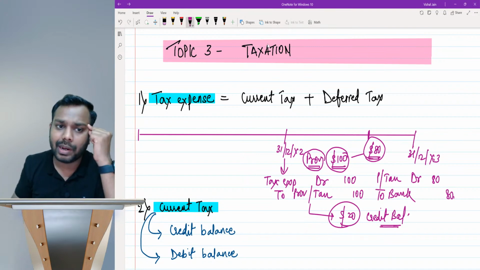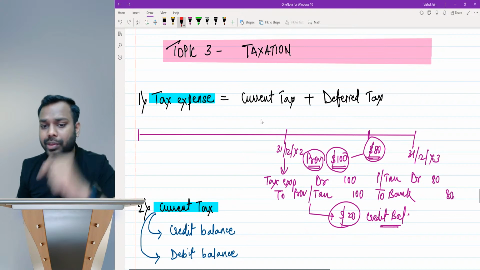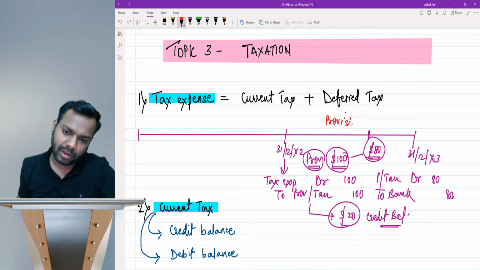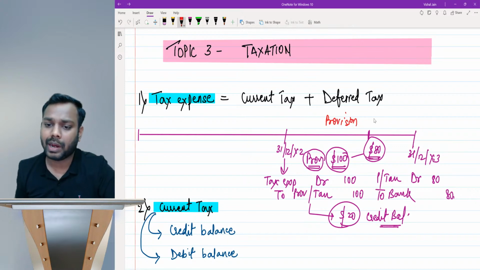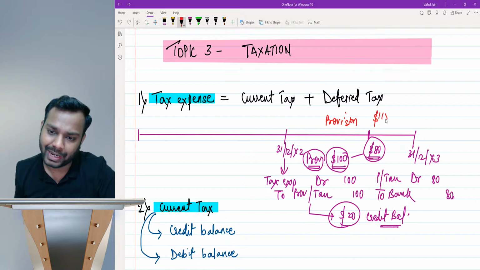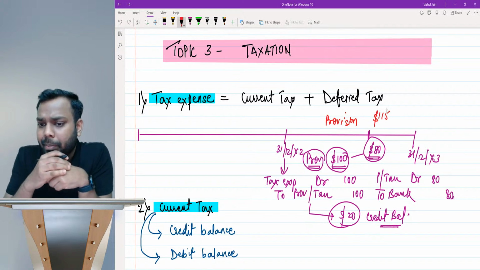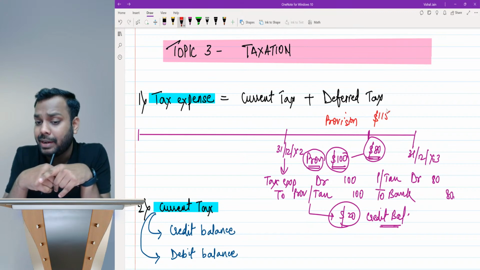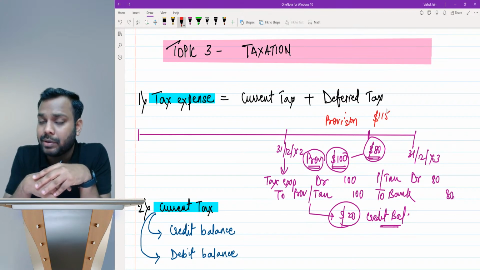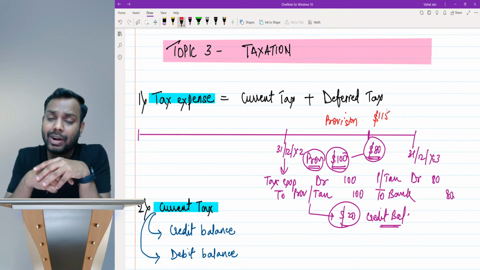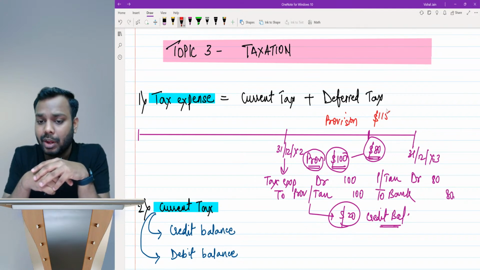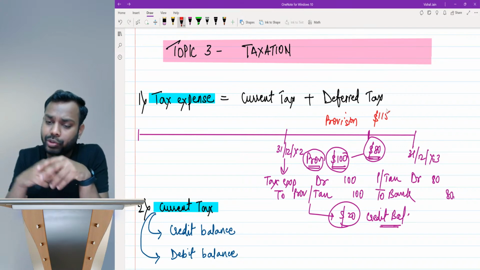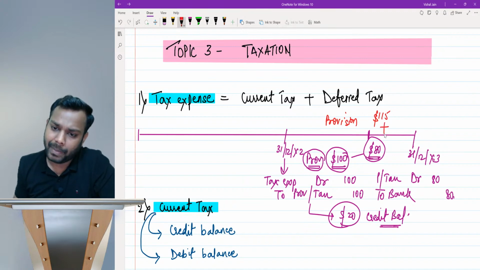But now let's suppose you have to make a provision in the current year also. Let's suppose the provision required for this year is $115. Tell me what is the amount of provision that you will make in the current year. 20 is already lying in the balance, so in the current year you will only make a provision of $95.